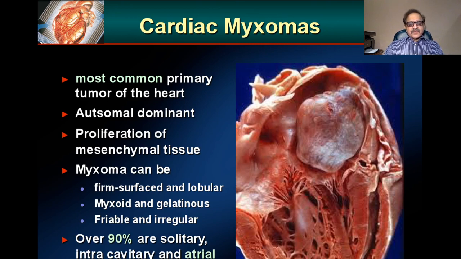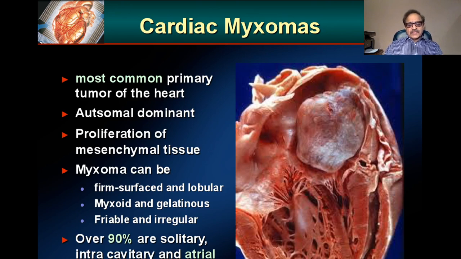If you look at the picture on the left side, you can see a globular mass which is gelatinous, and it seems to be attached to the interatrial septum, and here is the mitral valve and the left ventricle. So this is cardiac myxoma in the left atrium.